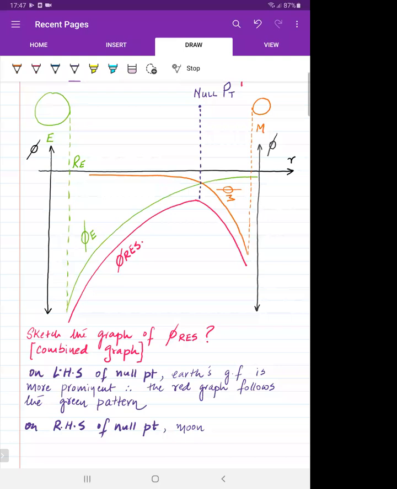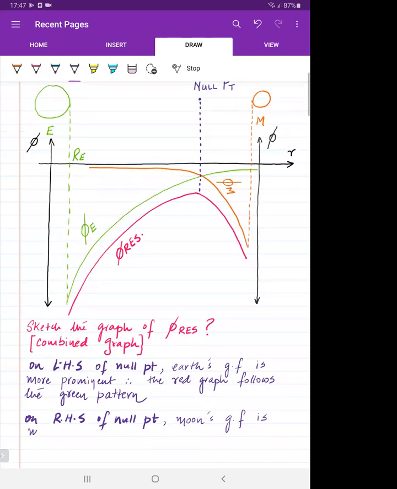So on the right hand side of the null point, Moon's gravitational field is more prominent. Therefore, the red graph follows the orange pattern.